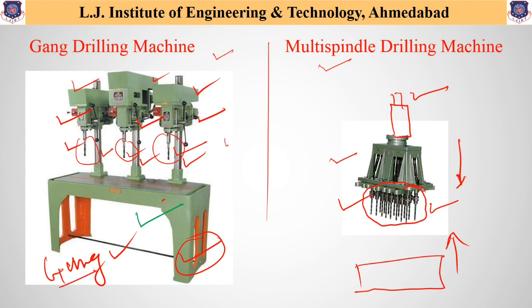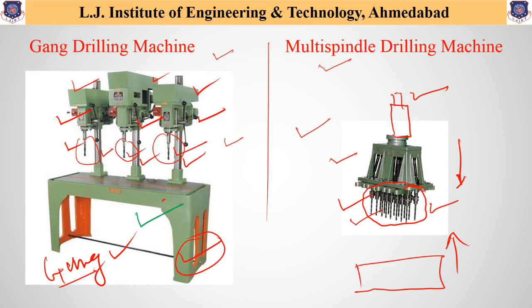In the gang machine, each drill bit is operated independently with a separate motor, whereas in the multi-spindle machine, all the drill bits are operated with the help of a single motor. This is the basic difference between the gang drilling machine and the multi-spindle drilling machine.